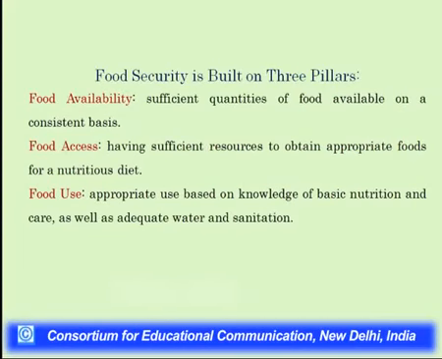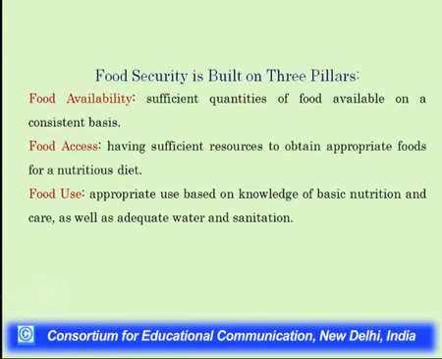The 3 pillars of the food security are: number 1, food availability; number 2, access to the food; number 3, use of the food.